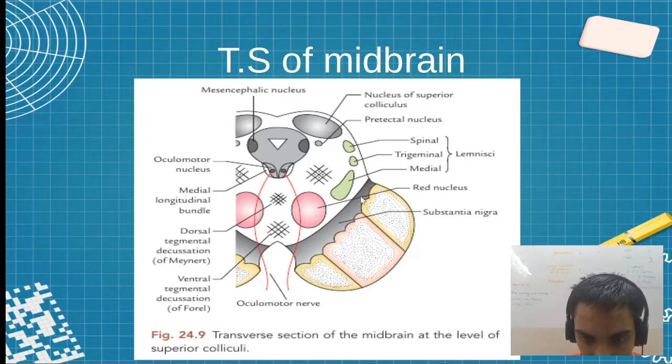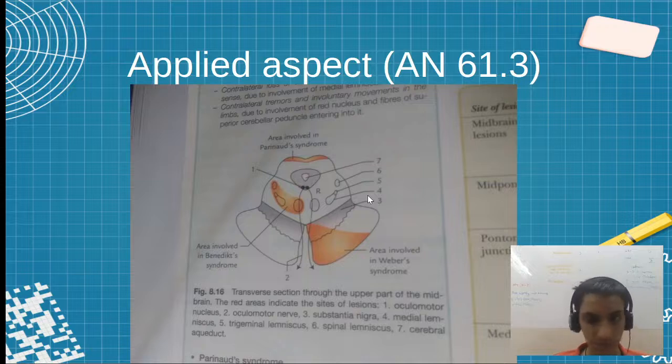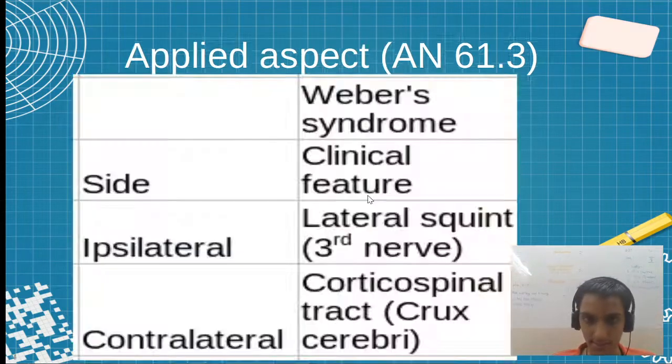So this part is Weber syndrome. This part is Benedict syndrome. The lemnisci, okay, and even red nucleus also. Please include red nucleus as well. I told you lateral lemnisci is not there. Okay, please remember that point in the superior colliculus.